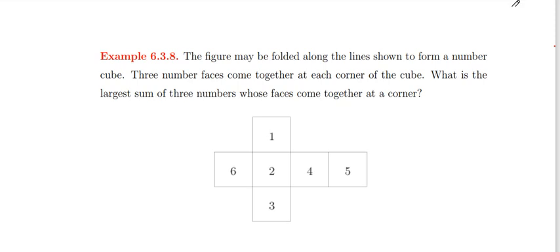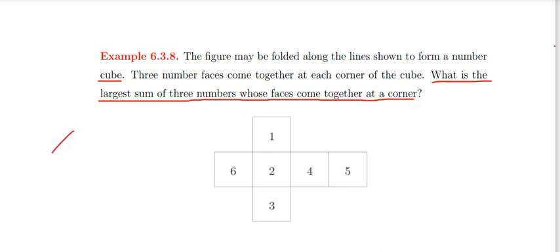Okay, so this problem asks us: if we fold this figure into a cube, what is the largest sum of three numbers whose faces come together at a corner?